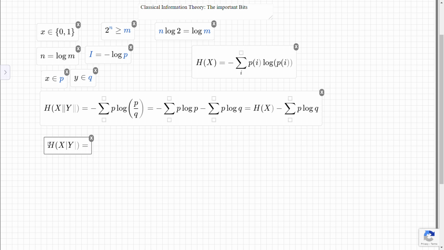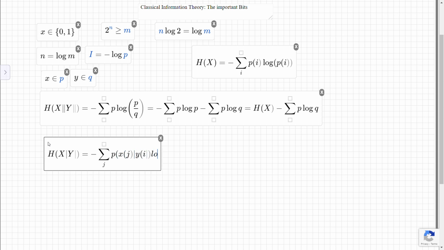It goes something like minus sum over j of probability of xj given yi, times log of probability of xj given yi. Okay, so this is the conditional probability that we have.